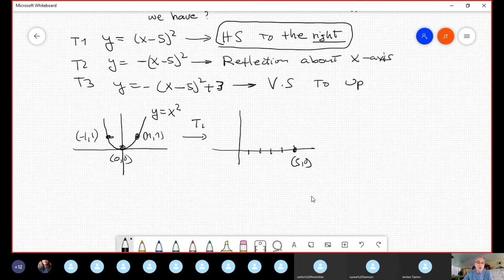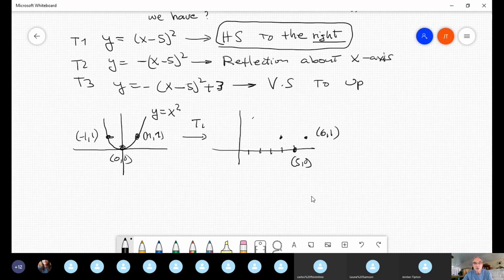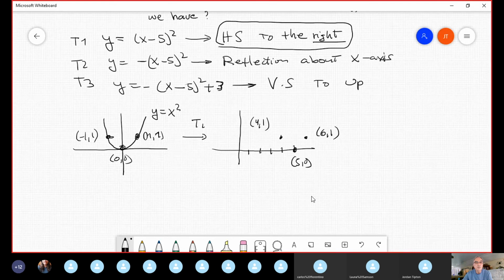This point, que es (1,1), now would be (6,1). Do you see how the x value changes, however the y value stays the same? That was the supposition. And this was (4,1) here. And this is my new parabola after the first transformation.